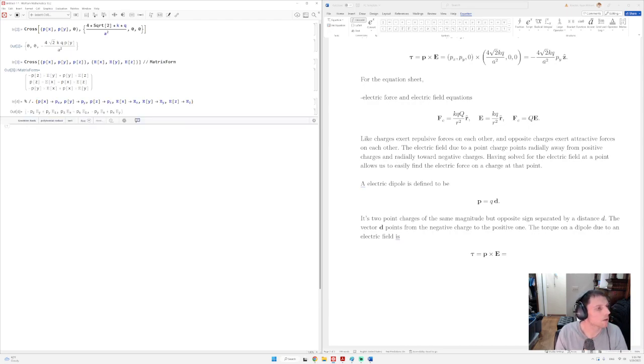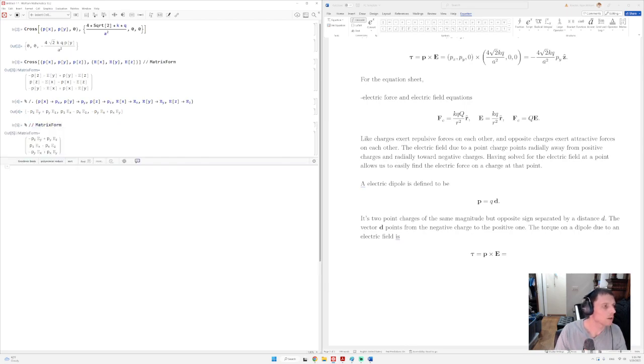Oh, and let me give it matrix form. So this is your answer. And you can write this in a different way if you want. You can put the positive terms in front, but this is what it's going to be. This is your cross product.